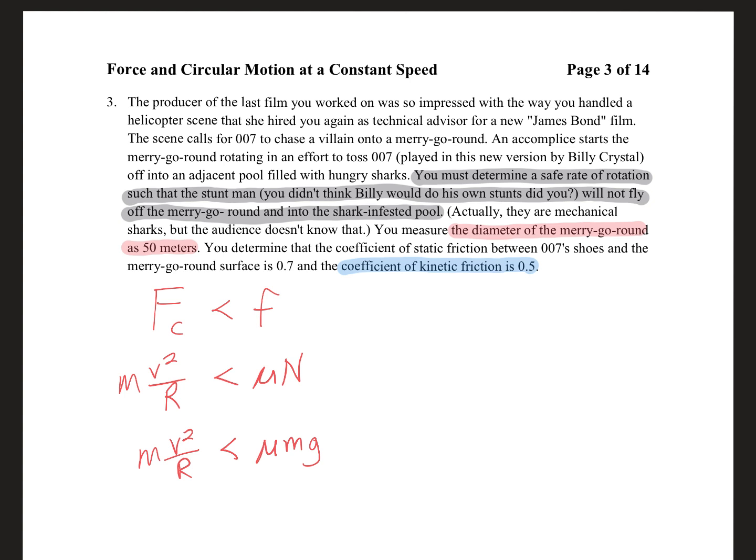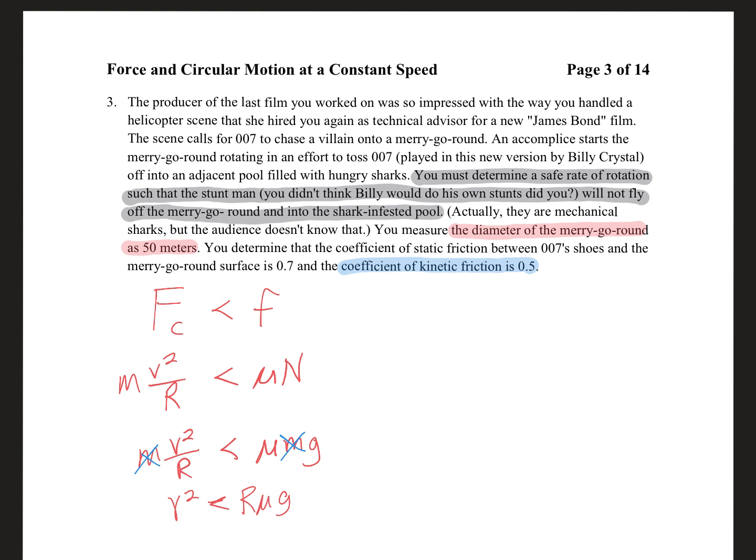And so, hopefully you notice that this common mass goes away, and we would have v squared less than r mu, whoops, no m in there, mu g r, however you want to write it.